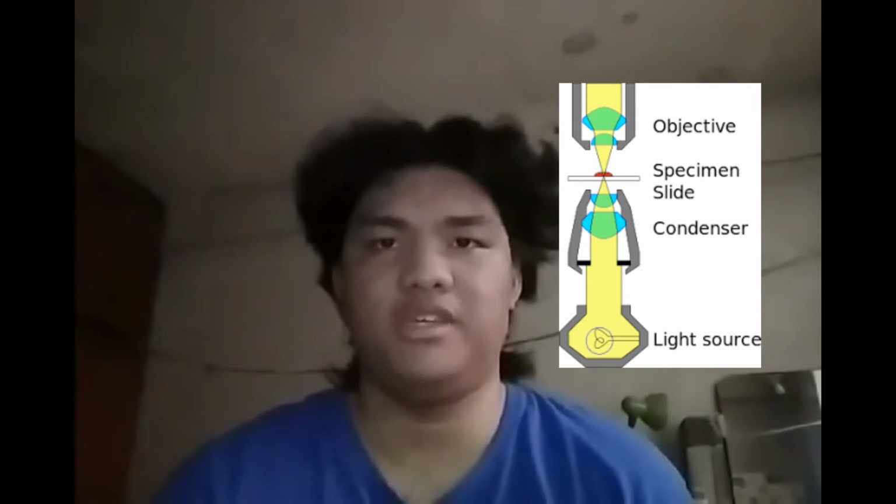This lens system is located immediately under the stage and focuses the light onto the specimen. The purpose of the condenser lens is to focus the light onto the specimen, and it is used to vary the intensity and size of the cone of light that is projected upward into the slide.